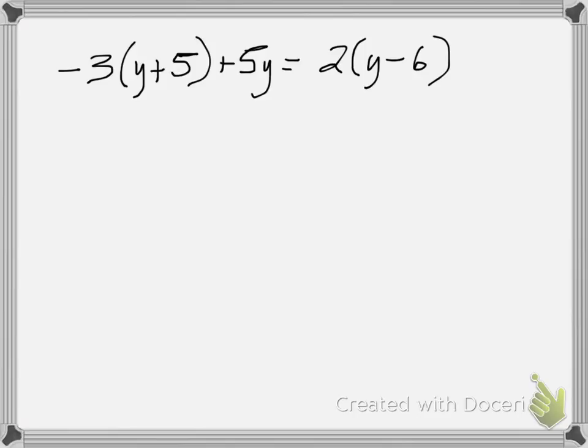That top one, -3 times y plus 5 plus 5y equals 2 times y minus 6. I'm going to flip back to my iPad. And I have the equation written up at the top if you didn't get a chance to write it. It's up there. So see what you get.